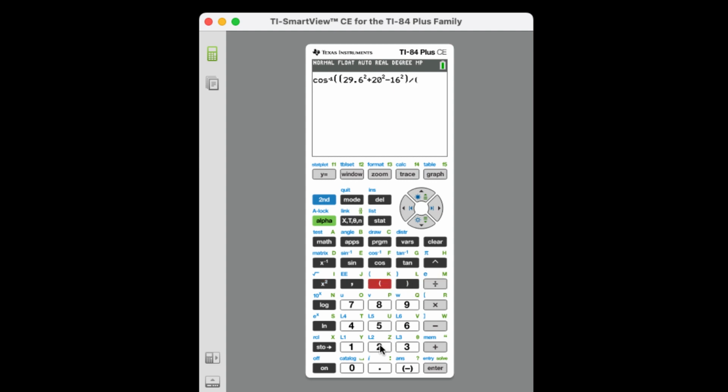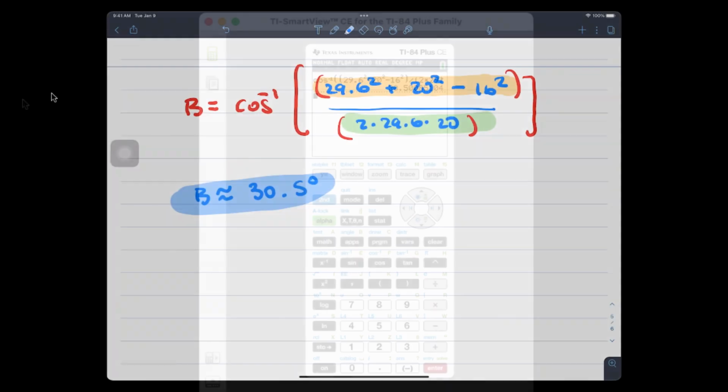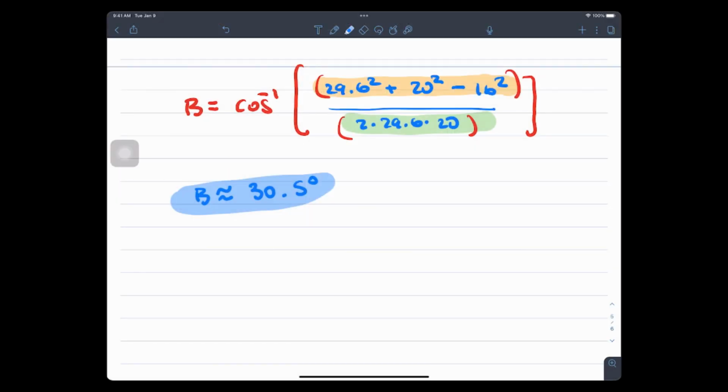Divided by 2 times 29.6 times 20. Angle B is 30 point what? 5 degrees. There it is, ladies and gentlemen. 30.5 degrees is angle B.